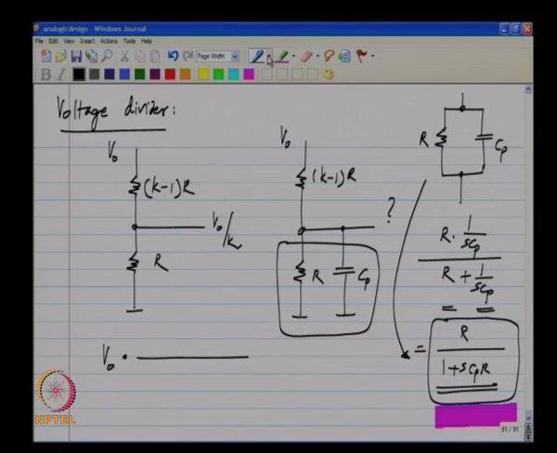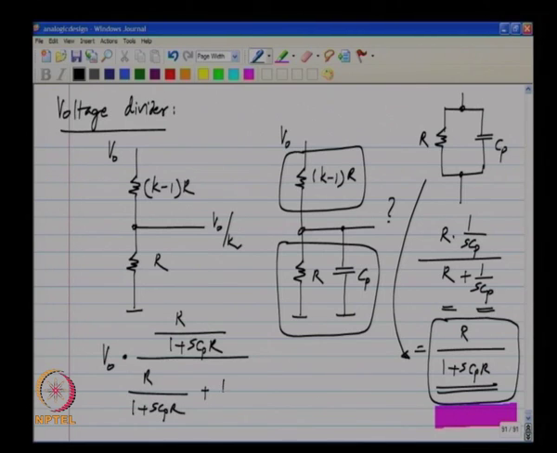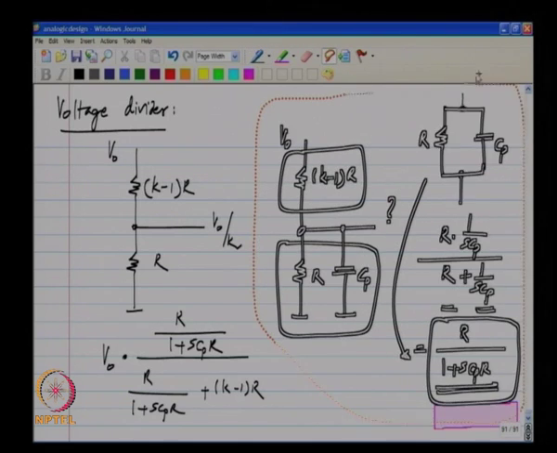Coming back to the transfer function of the voltage divider, I have R by 1 plus SCPR, that is the impedance of the lower part, divided by R by 1 plus SCPR plus K minus 1 times R. Okay. Let me erase this part of it.